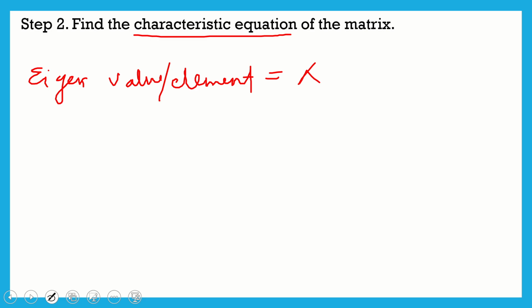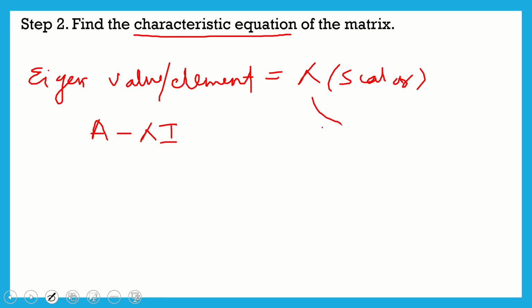We considered one matrix. So lambda is a scalar. Scalar means it is an element which does not have any dimensions, like scalar quantities. It is just a magnitude. It does not contain any direction.